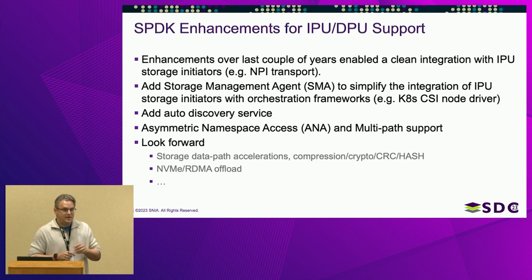There are also a set of really interesting storage-specific offloads that these accelerators can provide, in this case offloading the cores that are on the IPU DPU. So that's proven to be pretty valuable.